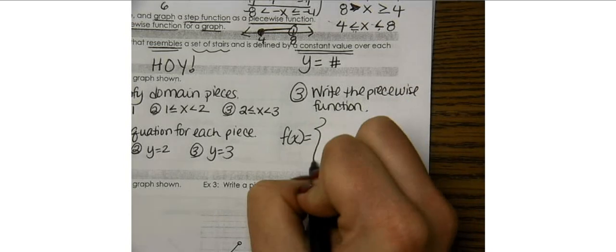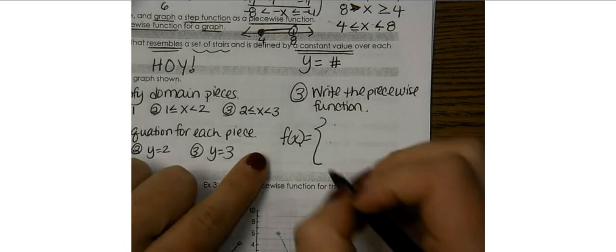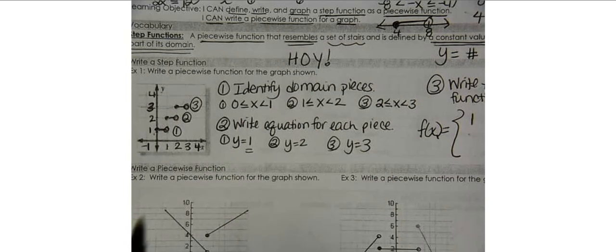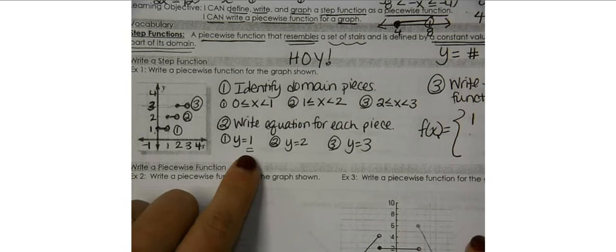I'm going to write f of x equals because it's in function notation. And I'm going to write a really large bracket. You must have the bracket included because this indicates that f of x is equal to either the first, second, or third option. So the first option is the number 1. Don't write the y equals as a part of it, just what the equation is. And in this case, it's just the number 1.